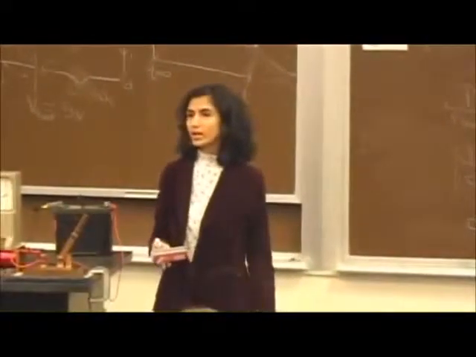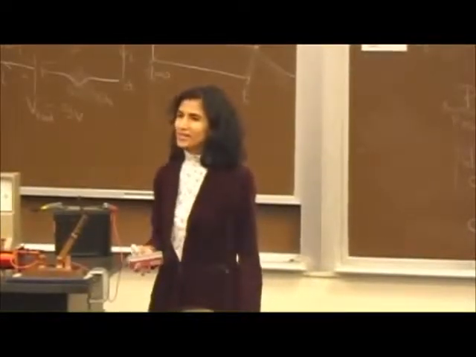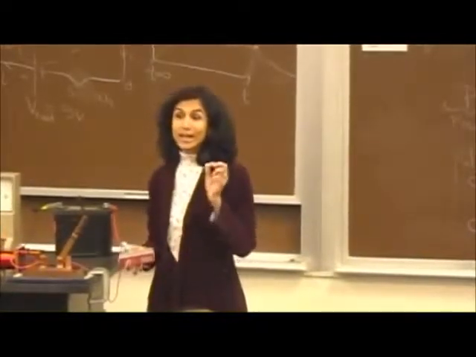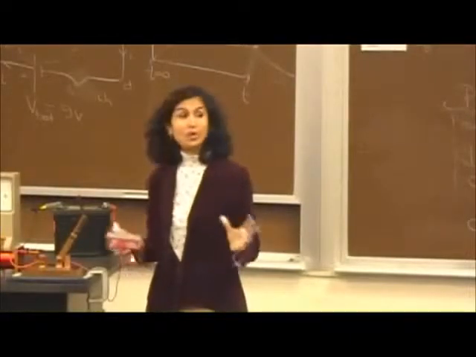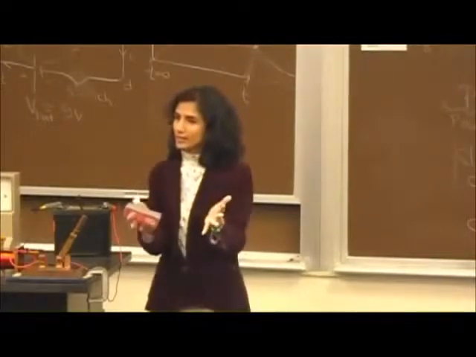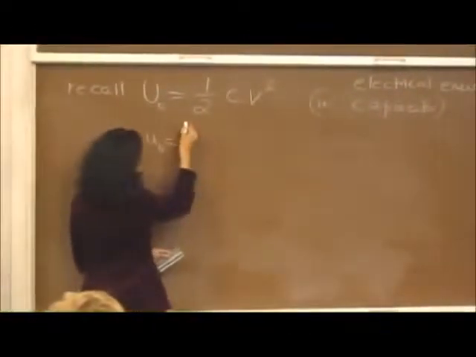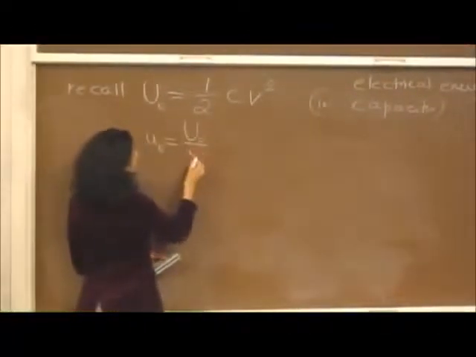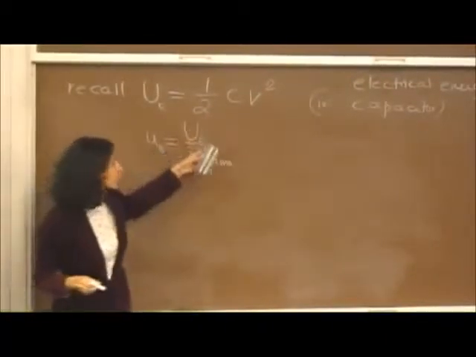Any questions about this? Okay, if you remember, for the case of electrical energy stored in a capacitor, we had also found something called energy density. That means energy per unit volume. How much energy is stored in 1 meter cubed of the capacitor, right? And what was that? Does anybody remember? Little u sub E is the name we gave it, and this was the capital U sub E divided by the volume. So this is how much energy is stored per unit volume.